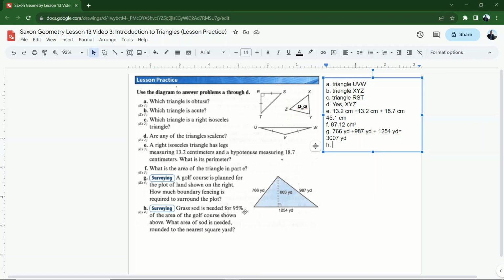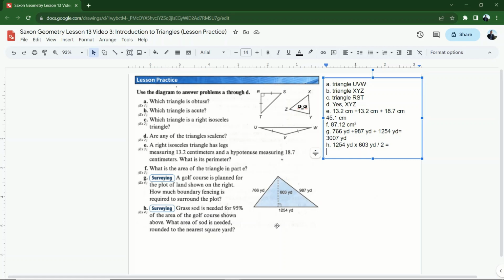But if I choose this as a base, then I have a line with one endpoint on the line containing the base and the other endpoint on the opposite vertex. This is the height. So for this one, I'm going to do 1254 times 603 divided by 2. And that's going to give me my area. I'm not quite done yet, but that's where I'm going to start.